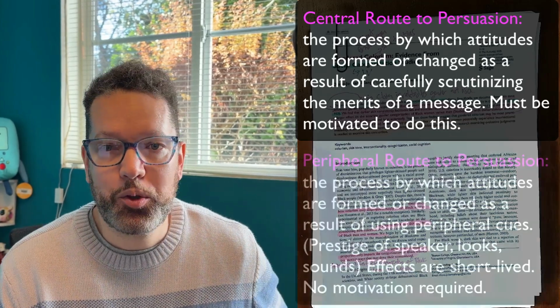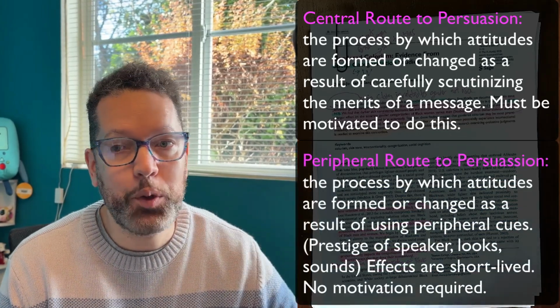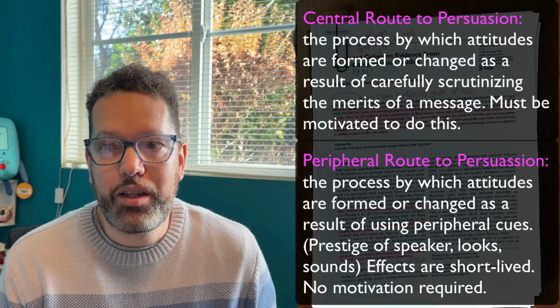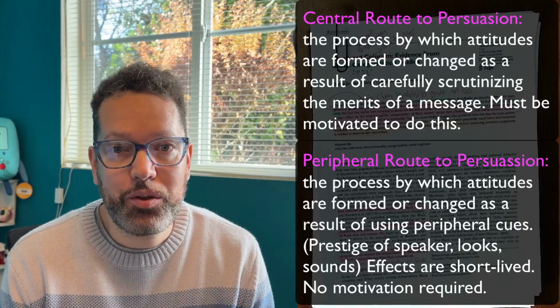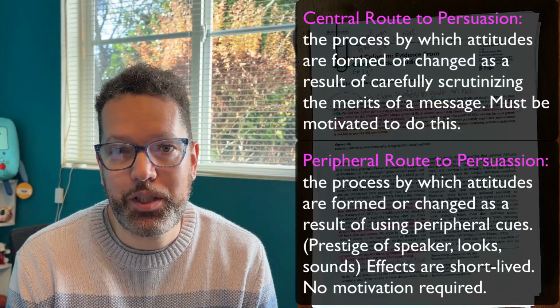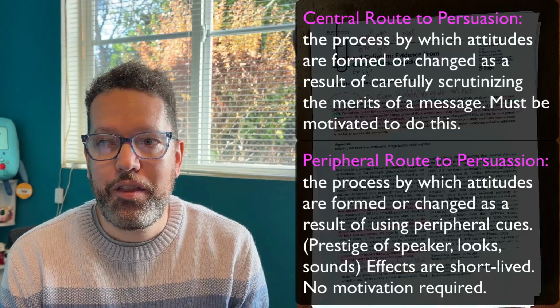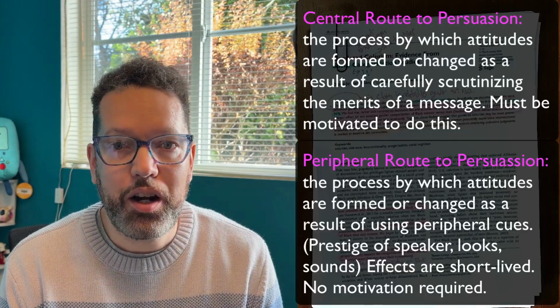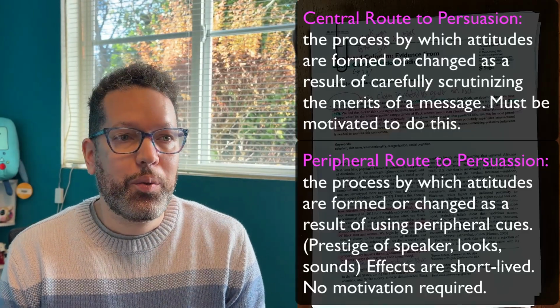So we don't want people to be persuaded via the peripheral route, right? We don't want them to be persuaded because we are at a specific institution or because our paper is in a specific publication, or that we are dressed well or we sound good.